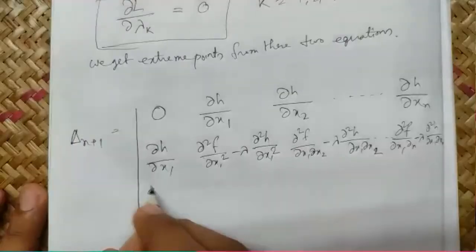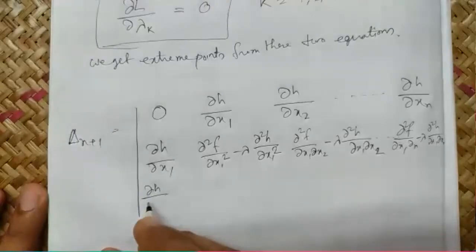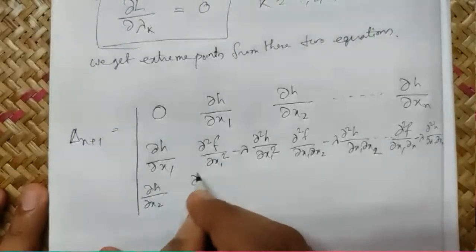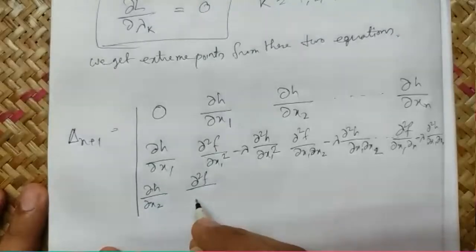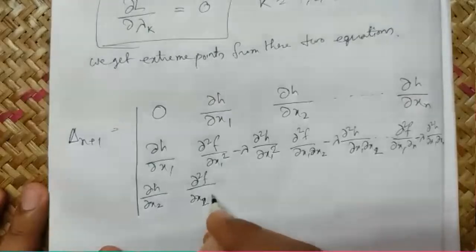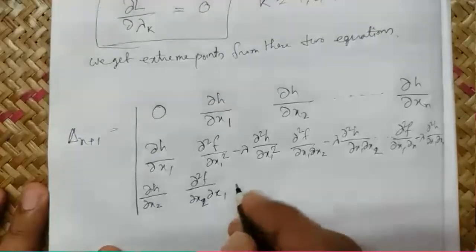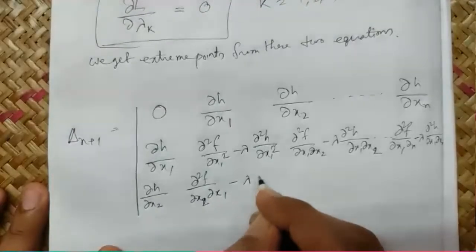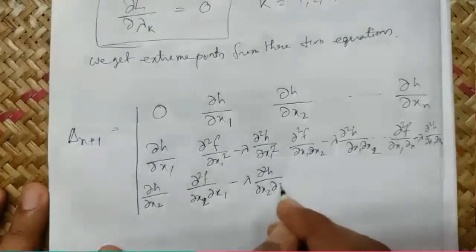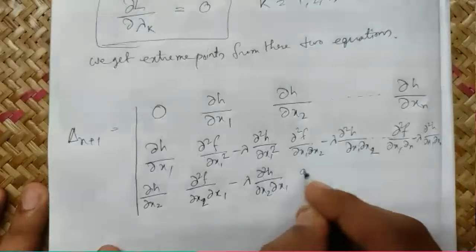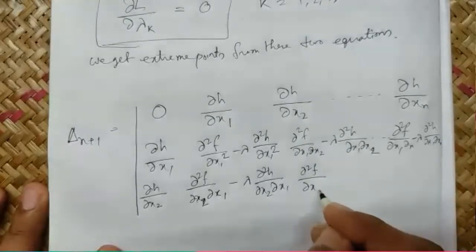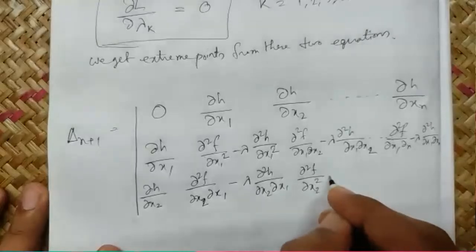Similarly, here del h del x2, del 2f del x2 del x1 minus lambda into del 2h del x2 del x1. You just need to remember the pattern, how this is changing.